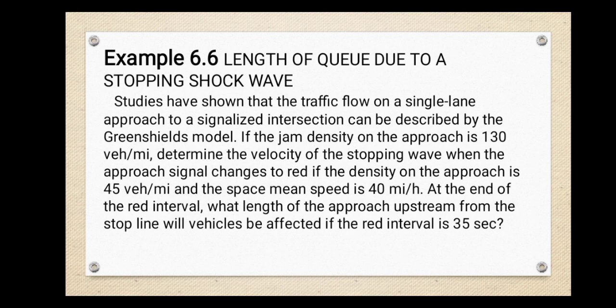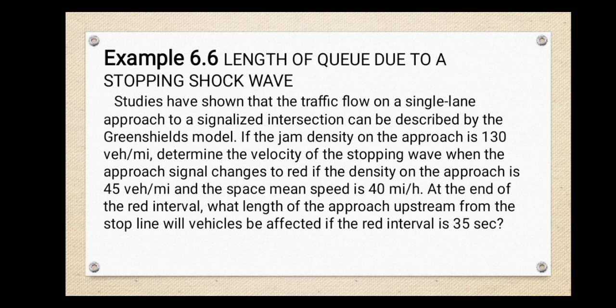So example 6.6, length of queue due to a stopping shock wave. Studies have shown that the traffic flow on a single lane approach to a signalized intersection can be described by the Greenshield's model. If the jam density on the approach is 130 vehicles per mile, determine the velocity of the stopping wave when the approach signal changes to red.